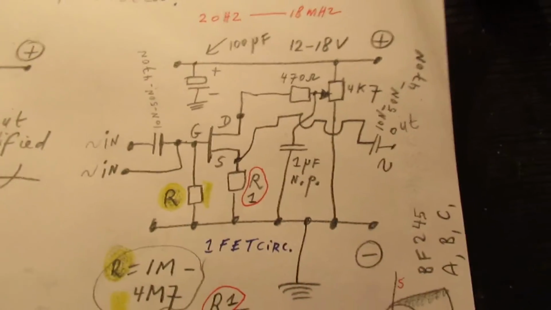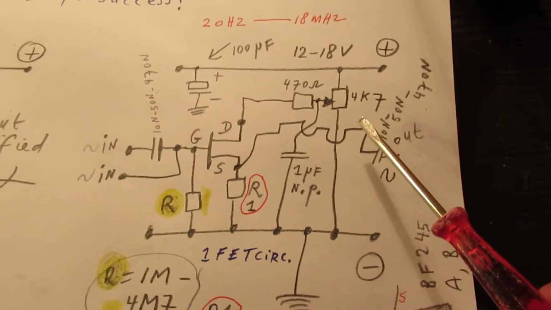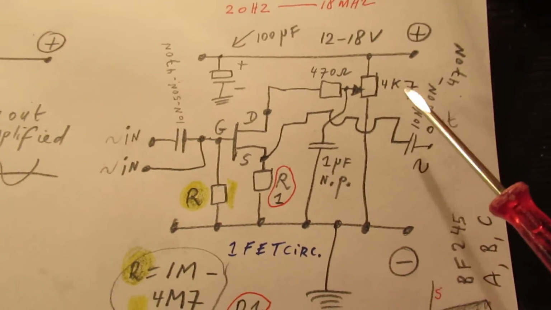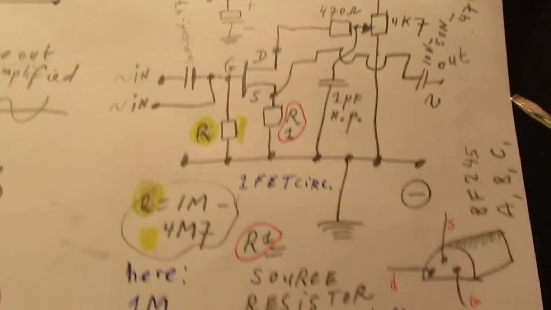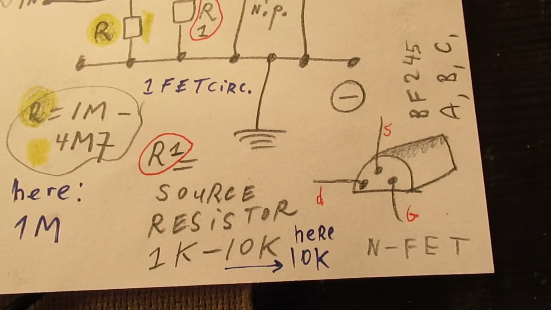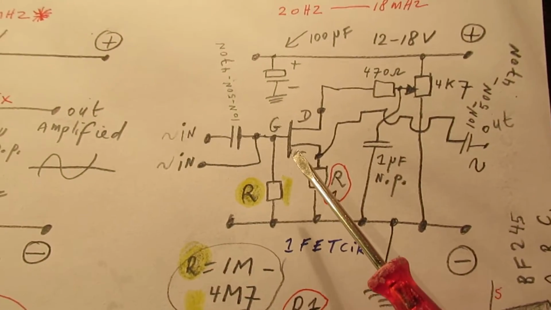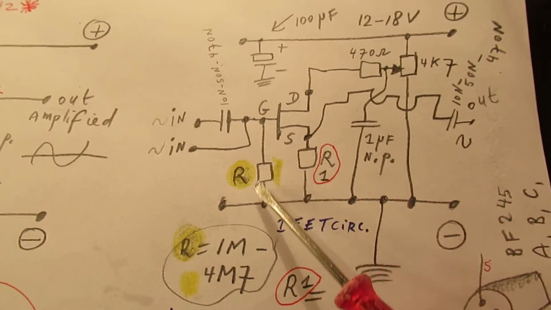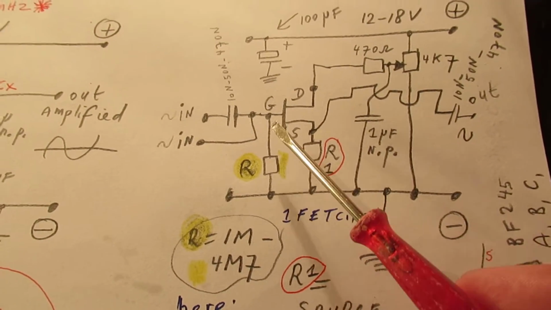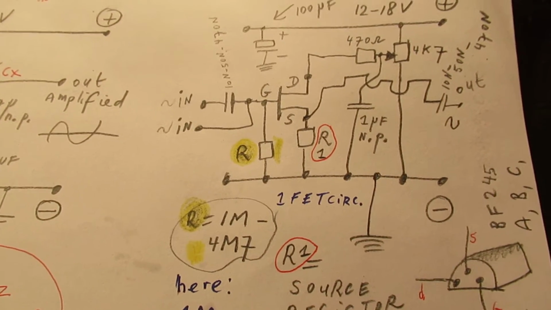And that potentiometer is decisive for what happens in this field effect transistor circuit. Here are the pin connections. Always use a resistor here of, say, 1 megaohm up to 4.7 megaohm.